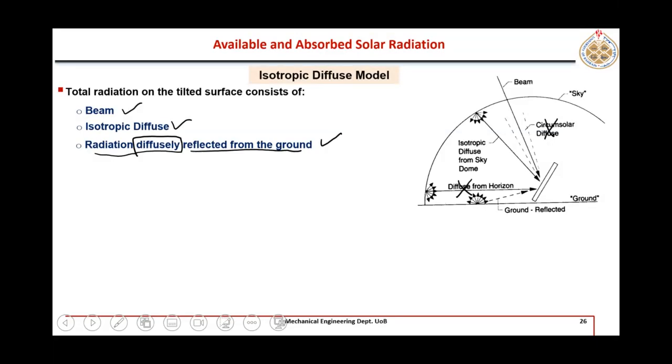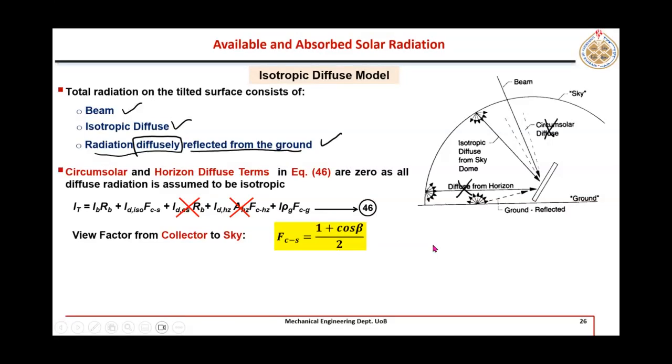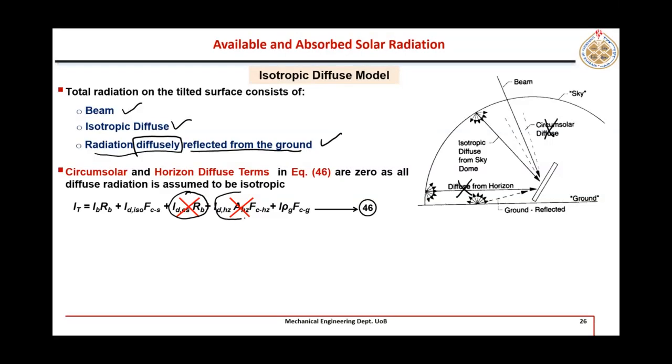So now this will make our equation simpler. This was the equation before. Now we are simply neglecting the circumsolar and horizon terms. So what is left? The other three terms. Now what is the view factor from collector to sky, and collector to ground?